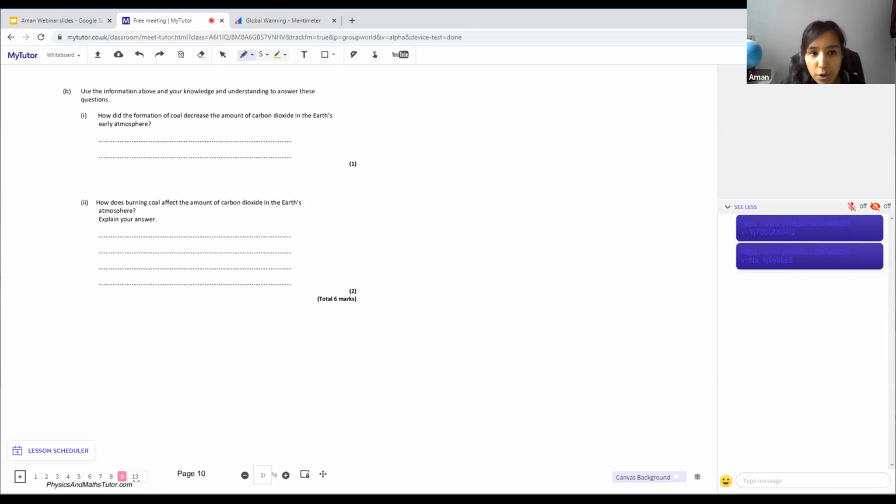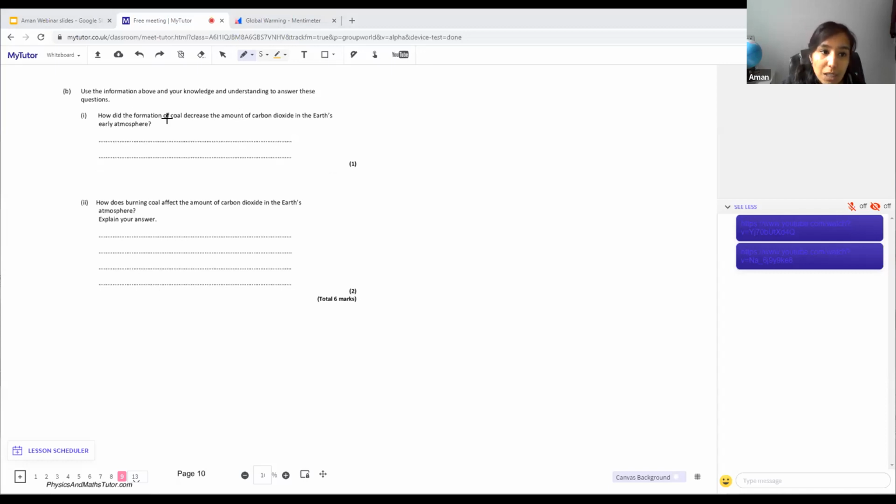Yep, so someone is saying photosynthesis. Excellent. And so what happened was, you'll remember that when plants were produced, because we had oxygen in the atmosphere and photosynthesis occurring, they reduced carbon dioxide from the atmosphere. And when they reduced carbon dioxide, they produced oxygen.